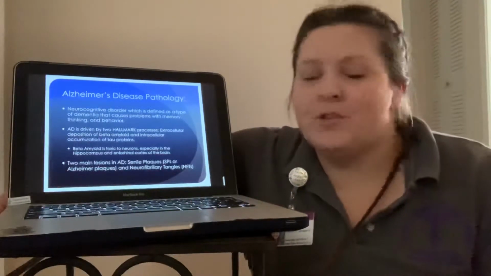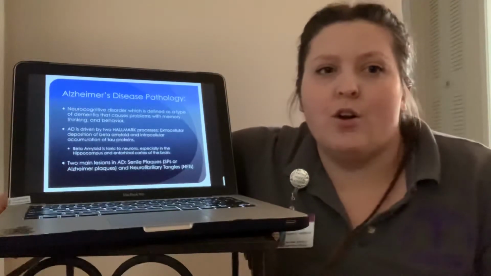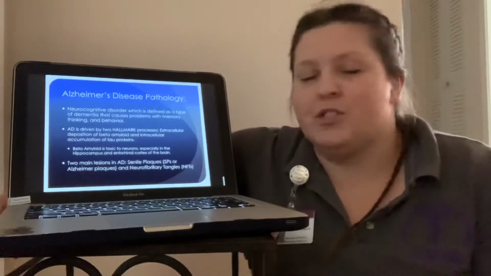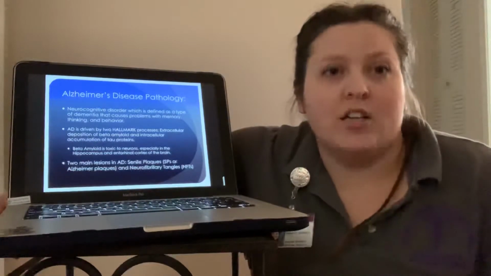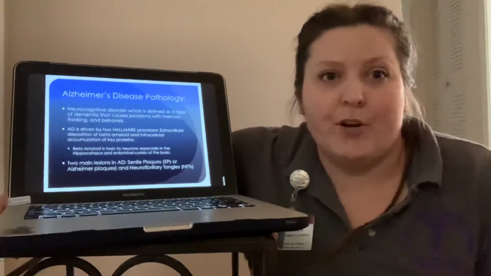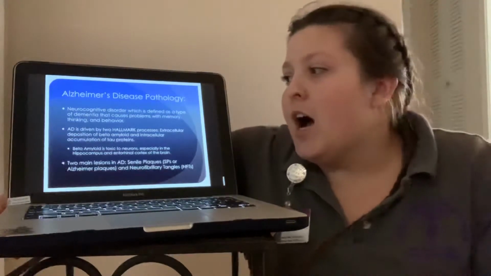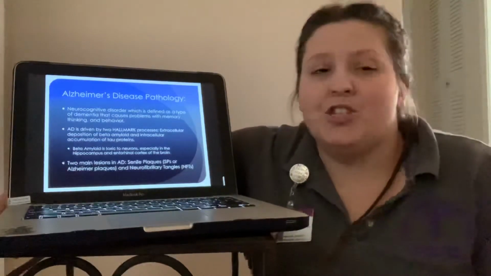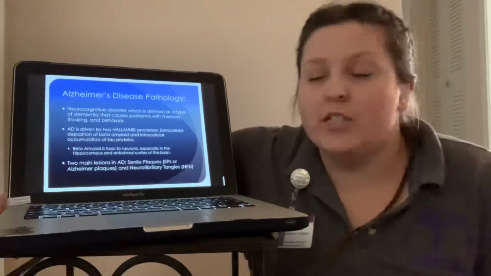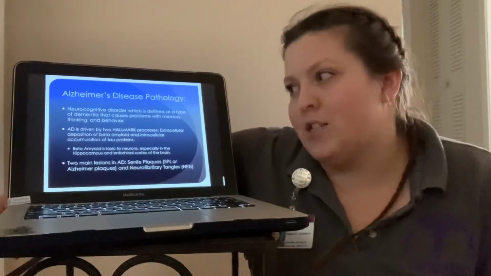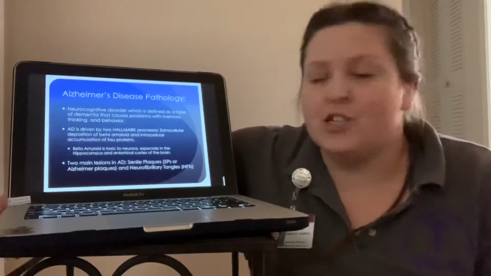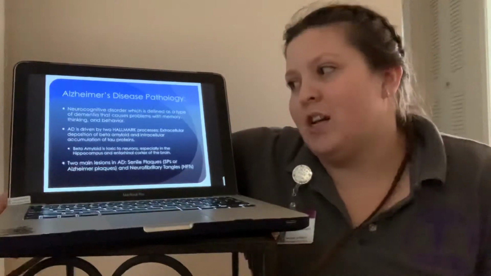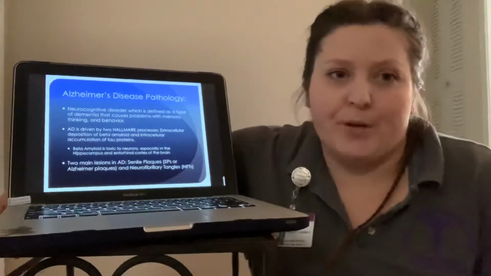So first, Alzheimer's disease is a neurocognitive disorder, which is defined as a type of dementia that affects cognition, memory, and behavior patterns. AD is essentially driven by two hallmark processes, first being the extracellular deposition of beta amyloid, which I'm going to say a lot in this presentation, as well as intracellular accumulation of the tau proteins.